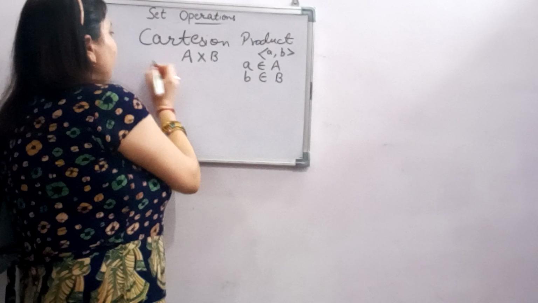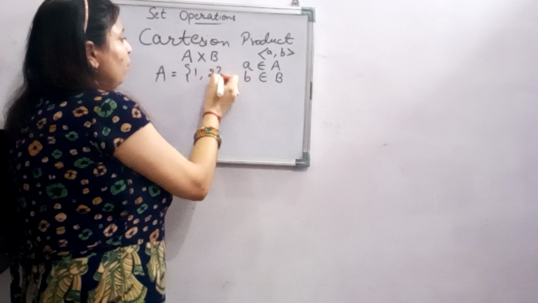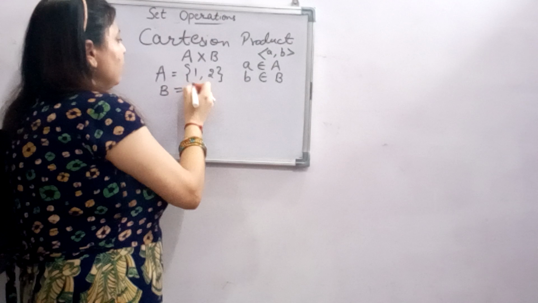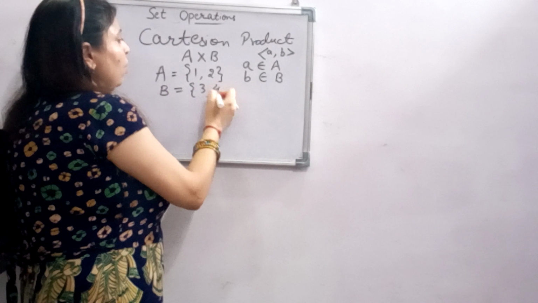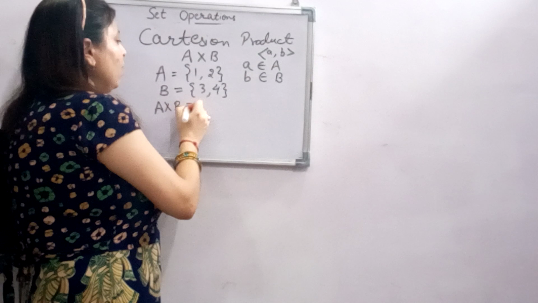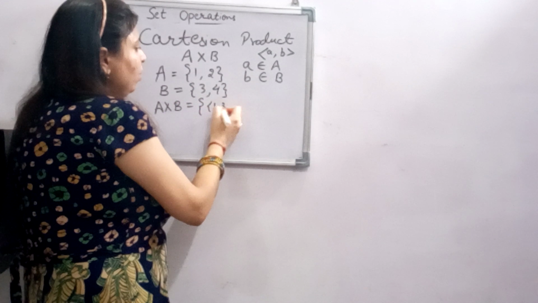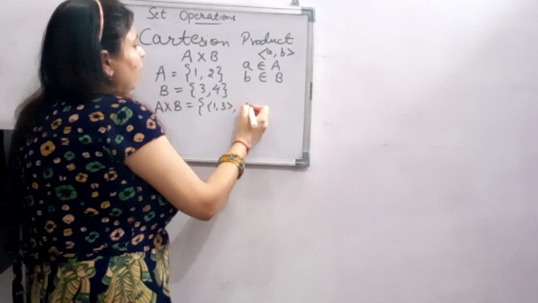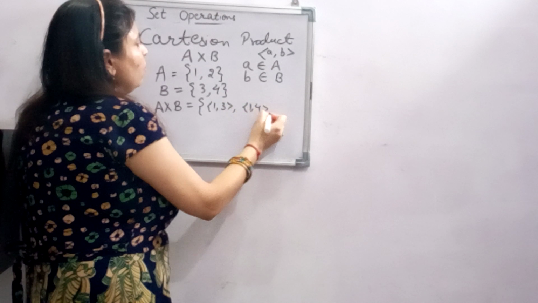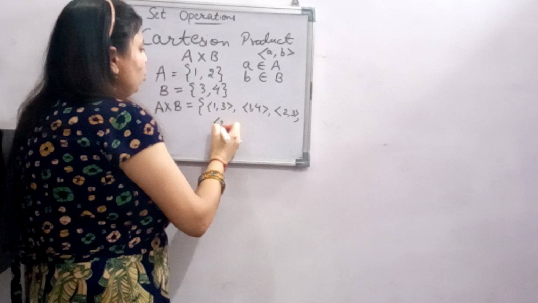But suppose A contains 1 and 2 and B contains 3 and 4. Now what will be the Cartesian product of A and B? It will contain the ordered pairs, for example, (1, 3), (1, 4), (2, 3) and (2, 4).